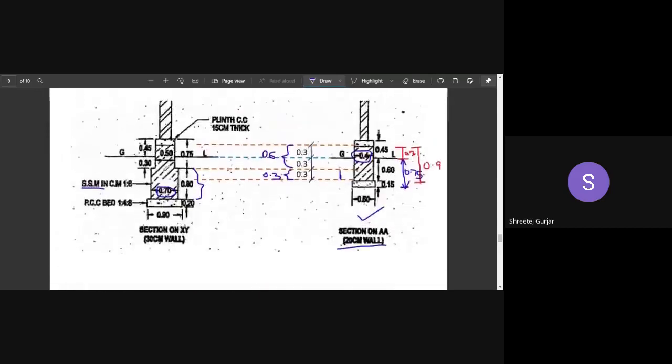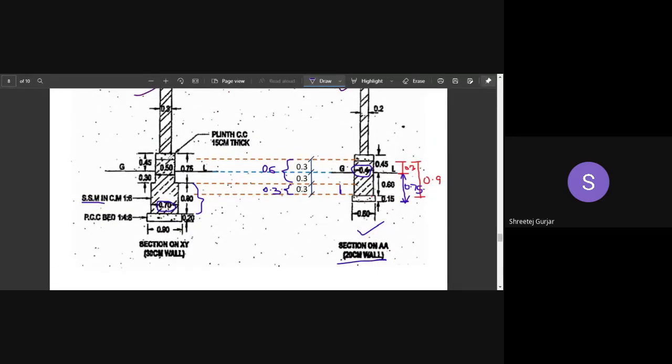Now coming to the second part, wherein it is meeting with the second step of the 30 centimeter wall. So the second step is this part. So how much is it meeting? It is from this level going up to this level. So how much is the height of this? It is 0.3 plus 0.3, it is 0.6.